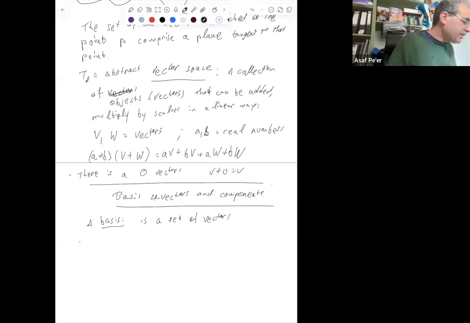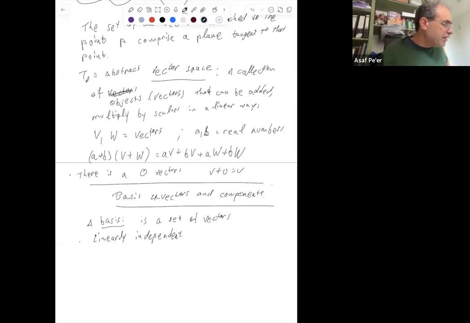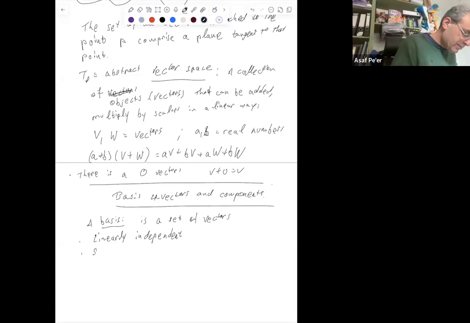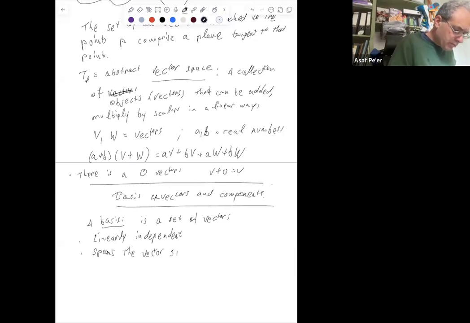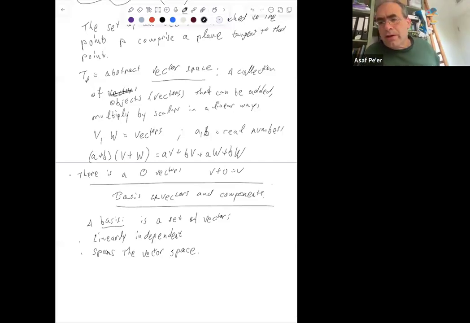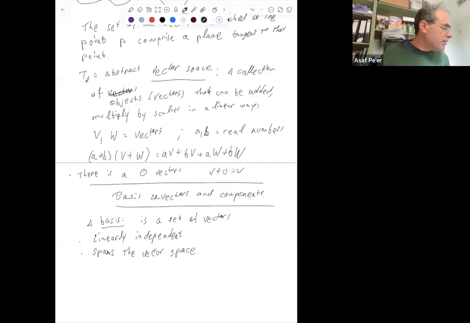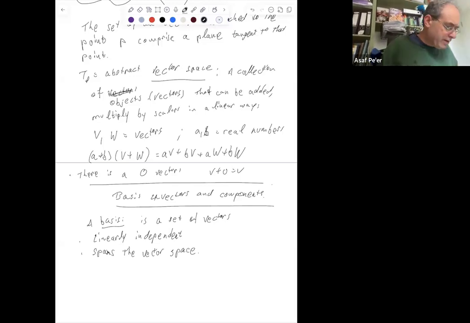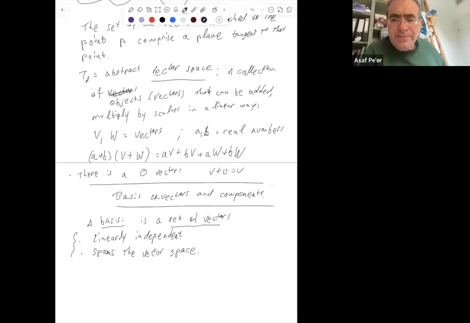That means there is no vector in this basis that is a linear combination of other basis vectors. And it spans the vector space, meaning every vector can be written as a linear combination of the basis vectors. So any such set of vectors is a basis.